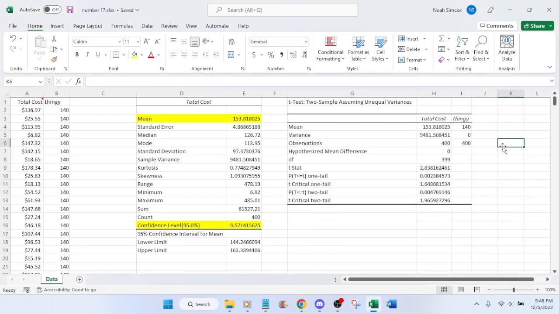So the mean is that, and we want the two tail, I believe. Are we trying to see if they're equal or not? Oh, we know it's one tail. We do want the one tail test. Probability t is less than or equal to t.